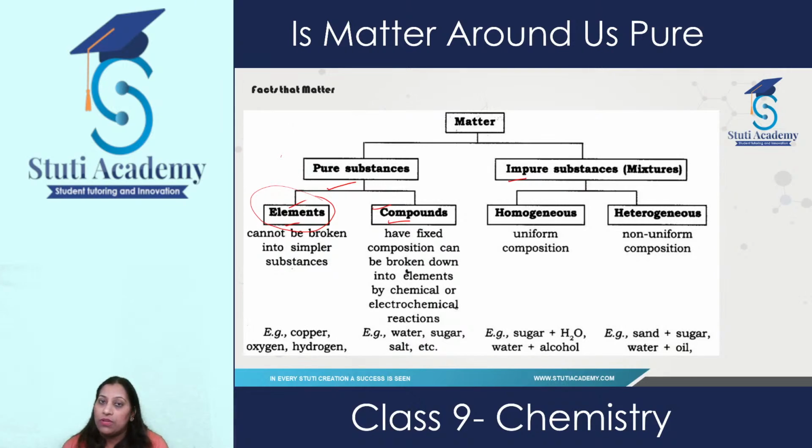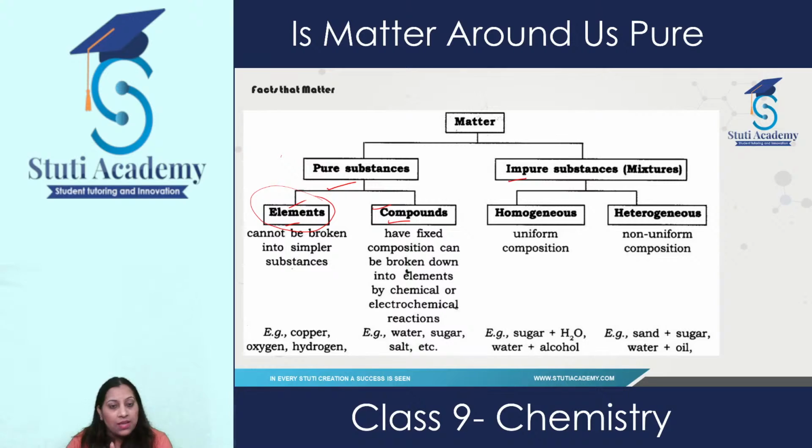And if we talk about compounds, they also come under the category of pure substances. Compounds are those substances which have a fixed composition of different elements, present in a fixed composition by mass, and they can be separated by chemical methods or by electrolytic, electrochemical reactions.